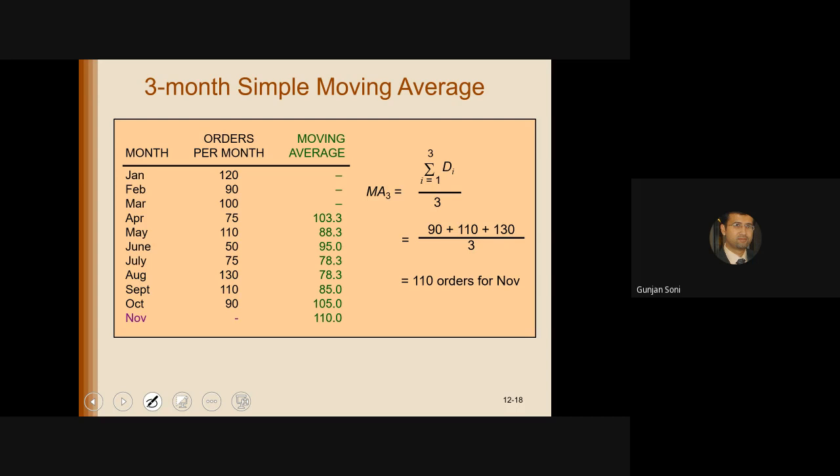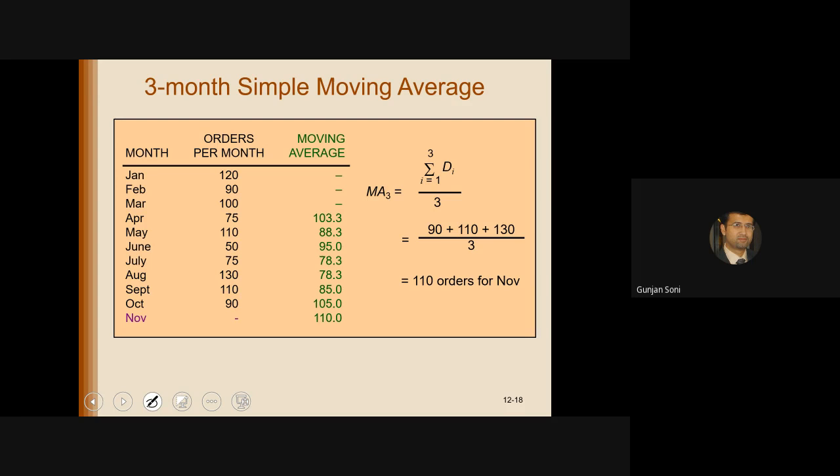If it's a 3 month moving average, we will only be able to find the moving average for the fourth month, or we'll be able to get the forecast from the fourth month onwards, because for March, the previous 3 months data we don't have.